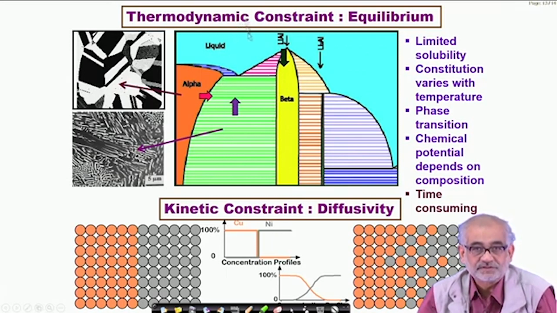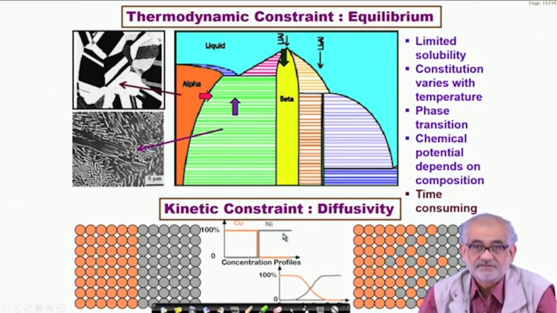So in simpler words, thermodynamic restrictions impose certain compositional restrictions which cannot be defied in equilibrium processing routes. And if you want to defy these equilibrium limits of solubility, then you resort to the so-called non-equilibrium processing, some of which we saw just now.